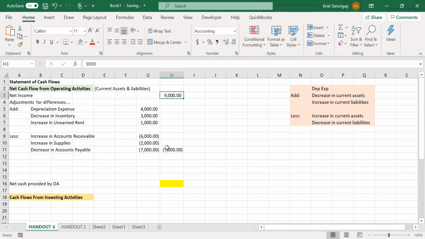It's going to be 2,000. Where did we get negative 7,000? We combined this together: 4,000 plus 3 plus 1 minus 6 minus 2 minus 7, which gives us negative 7,000. Does that make sense?